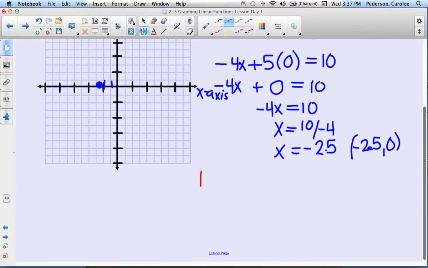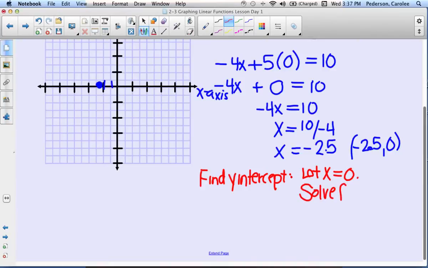So to find the y-intercept, let x equal 0 and solve for y in the equation. So we had negative 4, replace the x with 0, plus 5y equals 10.